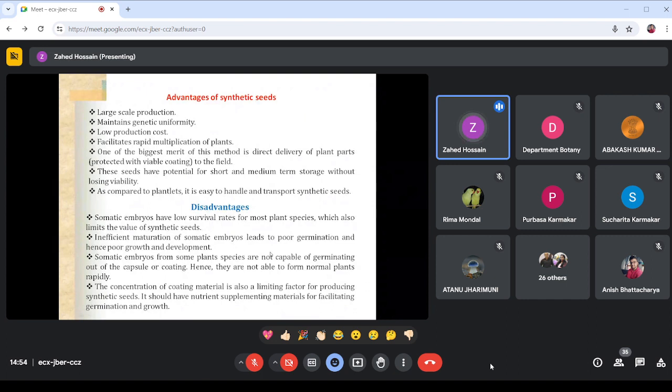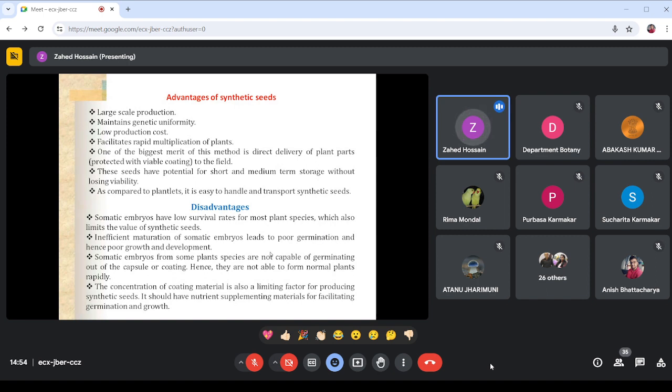That means poor growth and development can sometimes be seen when using synthetic seed, instead of going through the normal plant tissue culture technique, where you can raise the whole plant, do the hardening and shift it to the field condition or the shade net. There the success rate is higher.